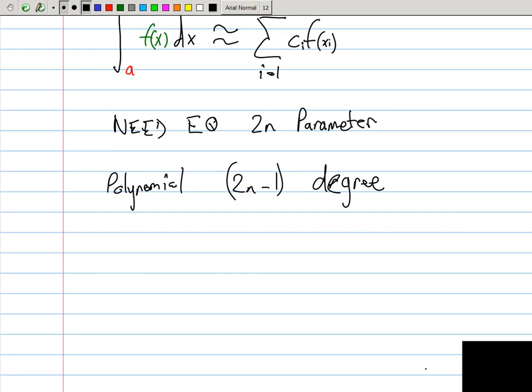So just so that you understand, we're going to do a quick derivation. Let's say that our n is equal to 2. We're going to have the integral of f of x dx, and we're going to make our equation easier to understand, and this is one of the founding principles of the Legendre implementation.